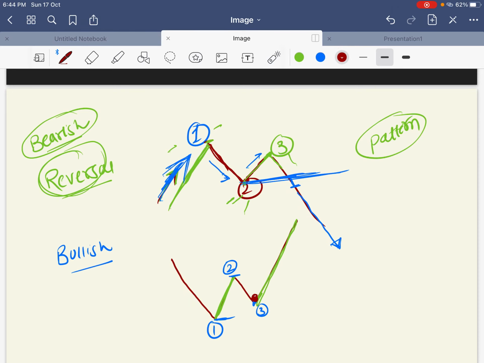But it should not be lower than point number 1. And where to take entry, you have to wait for the breakout of the 2 level, and you can take a bullish entry from here. So this is the bullish reversal 1-2-3, and this is the bearish reversal 1-2-3 trading strategy.